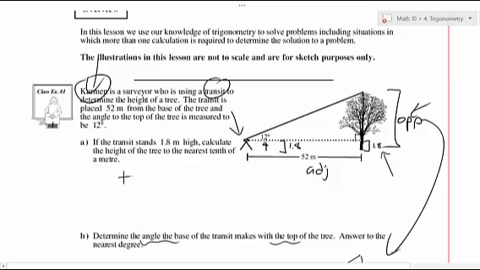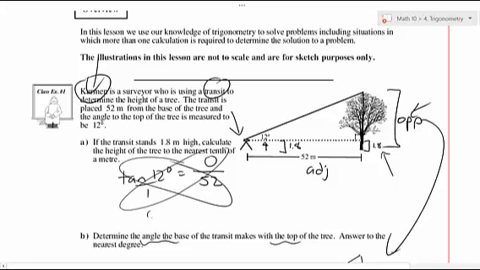So the tan of 12 degrees equals the opposite, whatever that is, the height of the tree, over the adjacent, which is 52, and that's meters. All right, so we throw that into a calculator after we cross multiply. So we see that we have O equals tan 12 degrees times 52.